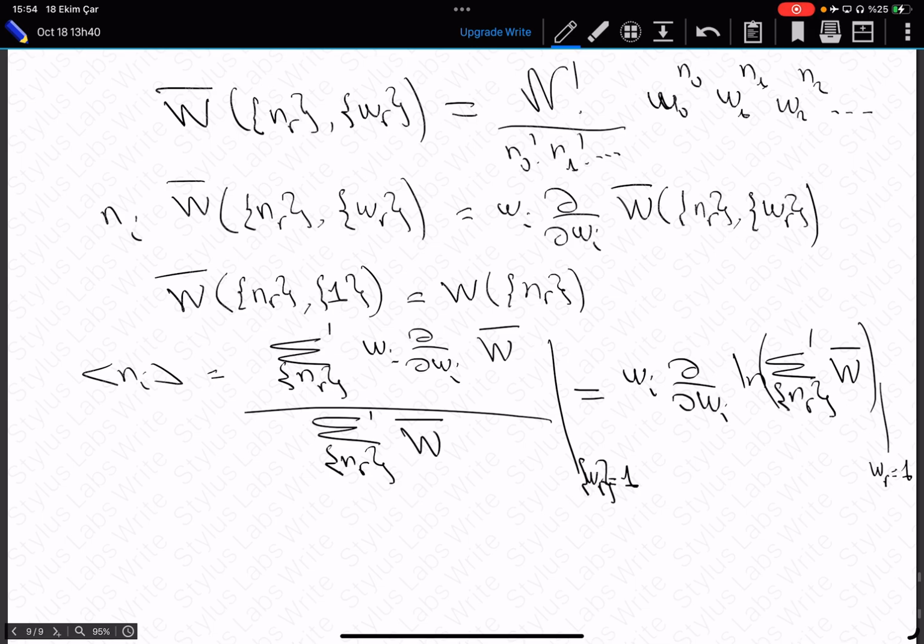So I calculate this sum for omega bar, take its logarithm, take the derivative with respect to omega i, then set all the omegas to 1. That will give me the average of Ni. Since I'm setting all the omegas to 1, I don't even need to multiply by this omega i.